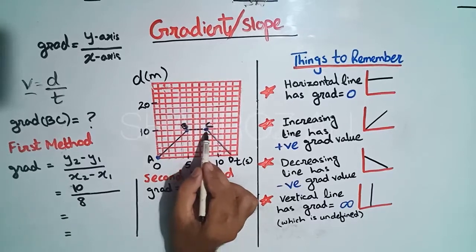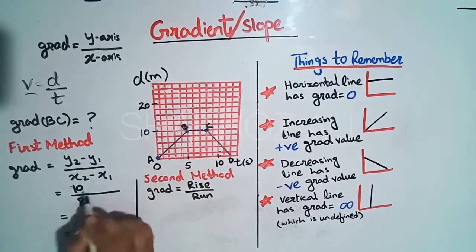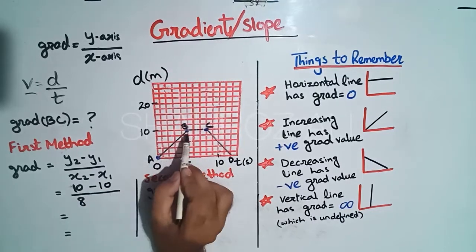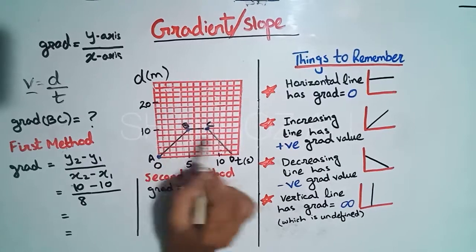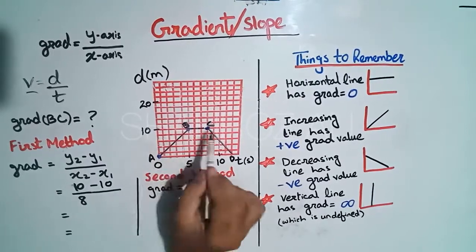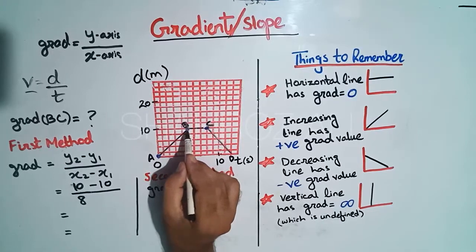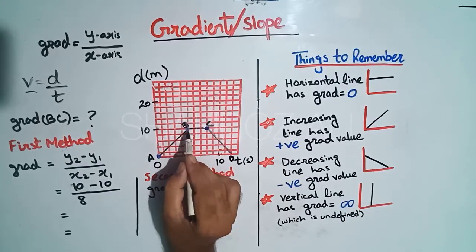And for the first point, what is the value of y? It is also 10, because we have to take the y value of both points. Now for x, that is 5.